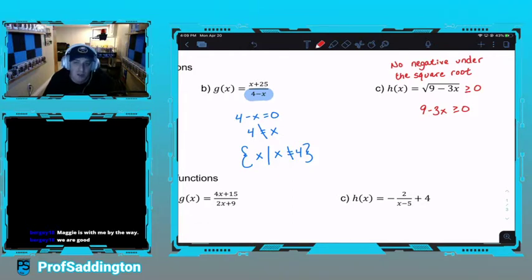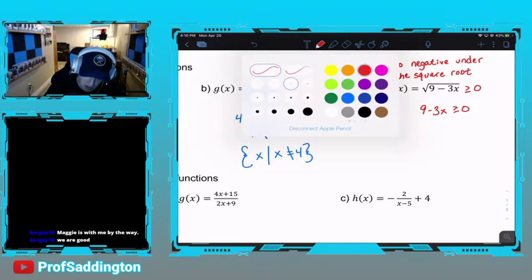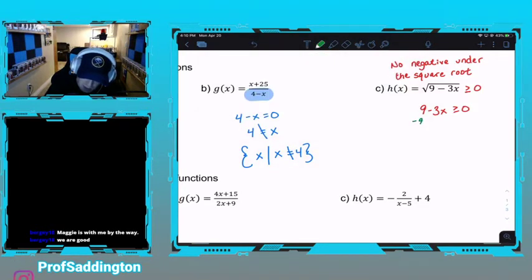Now, I'm just trying to get that x all alone, just like we did before. So, I'm going to subtract the 9 over to the other side. I'm going to have negative 3x is greater than or equal to negative 9. And then we have to divide everything by negative 3. Just remember, when you divide by negatives with inequalities, you have to flip that inequality around.